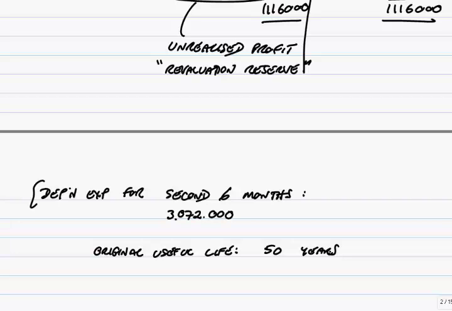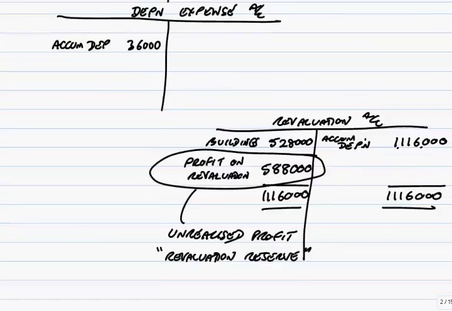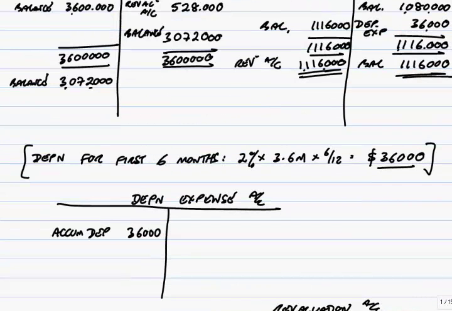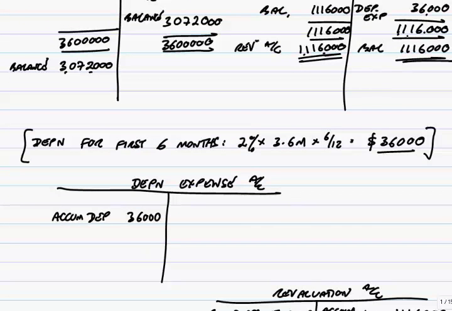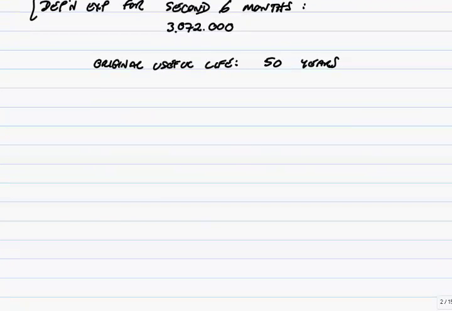The depreciation we've already charged was 1.08 million plus a bit more for this year of 36,000. It was 1,116,000. So depreciation charged was that much.